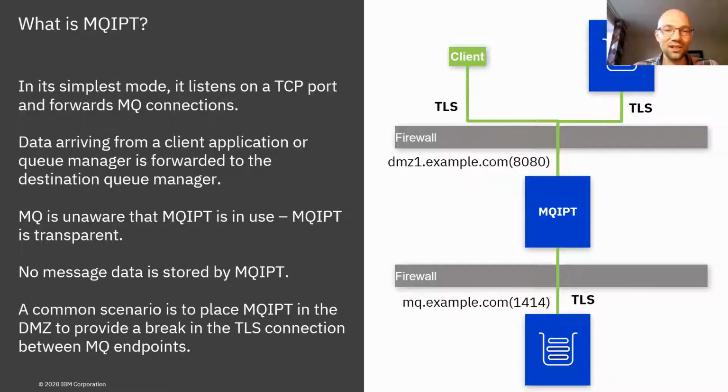So the TLS connection comes into MQIPT in the DMZ, the TLS connection gets terminated at that point, and then MQIPT re-encrypts the connection, essentially making a separate connection out to the queue manager at the destination. That's enforcing the rule that there is only one way to get into your queue manager from the outside world, and that's through MQIPT. And there's also no way that a TLS connection can go in through your DMZ without being terminated somewhere along the way.